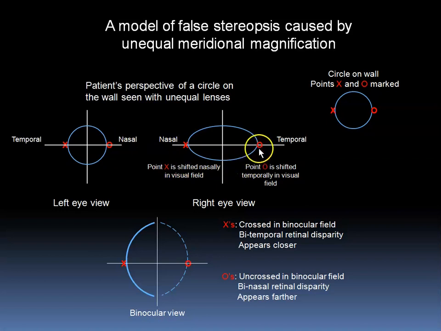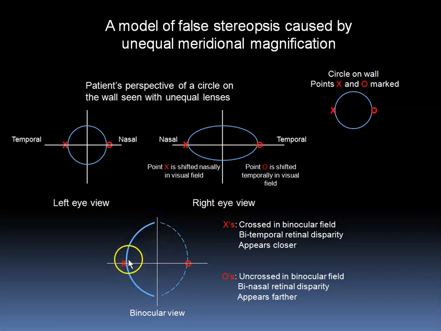Similarly, this analysis would show that the point O suffers a binasal retinal disparity and is seen as farther away, whereas the circle on the wall has the points X and O as shown. The combined image seen by the brain would be of a circle which is tilted around a vertical axis in and out of the page.